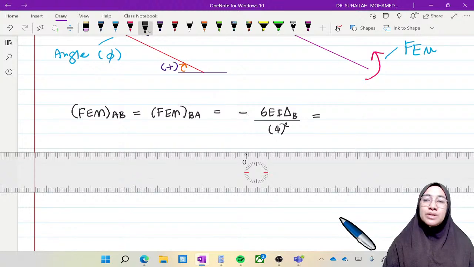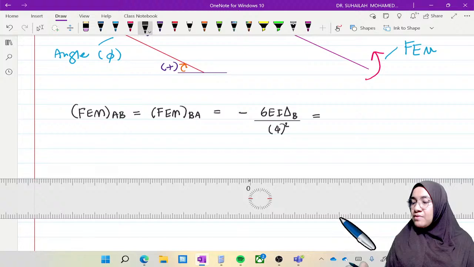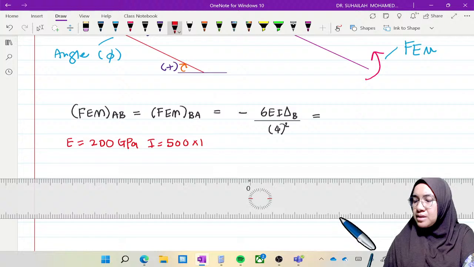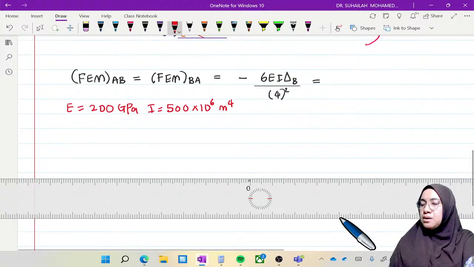Let's say E is given as 200 GPa and I is given as 500 times 10 to the power 6 millimeter 4. We simplify this first.